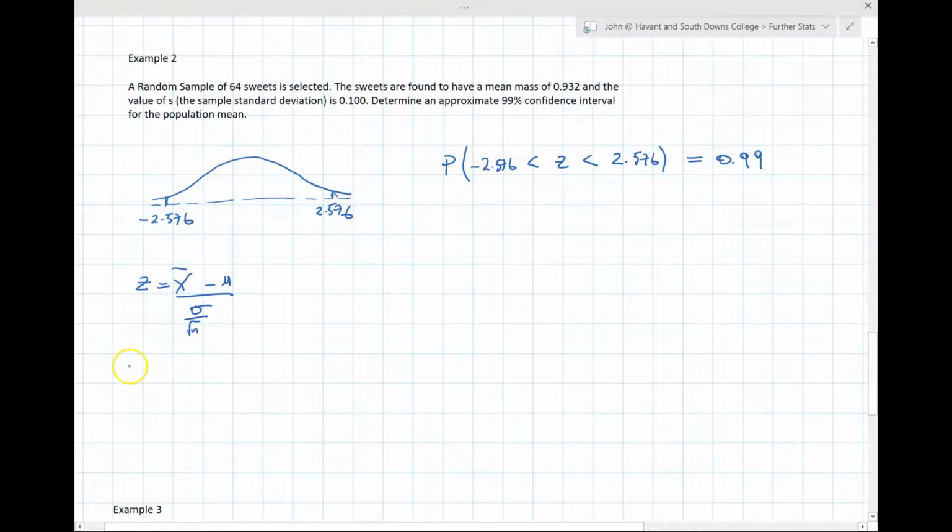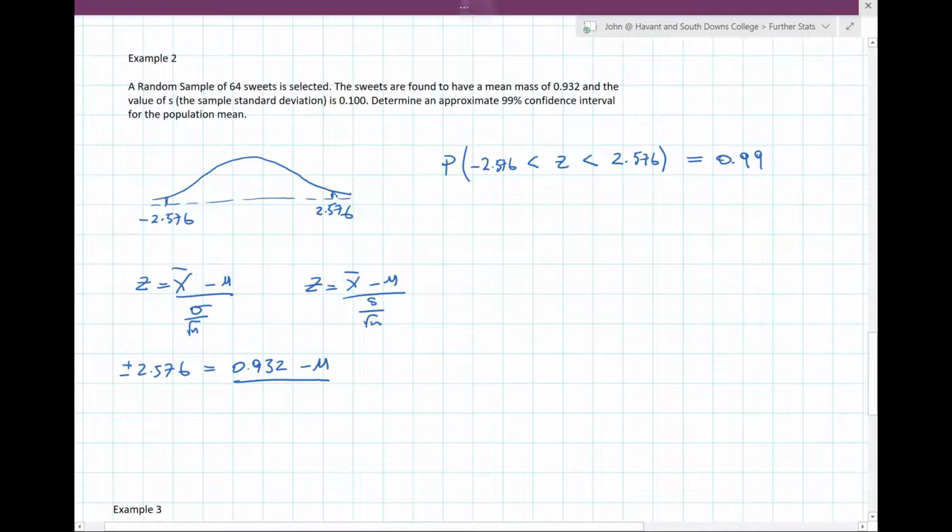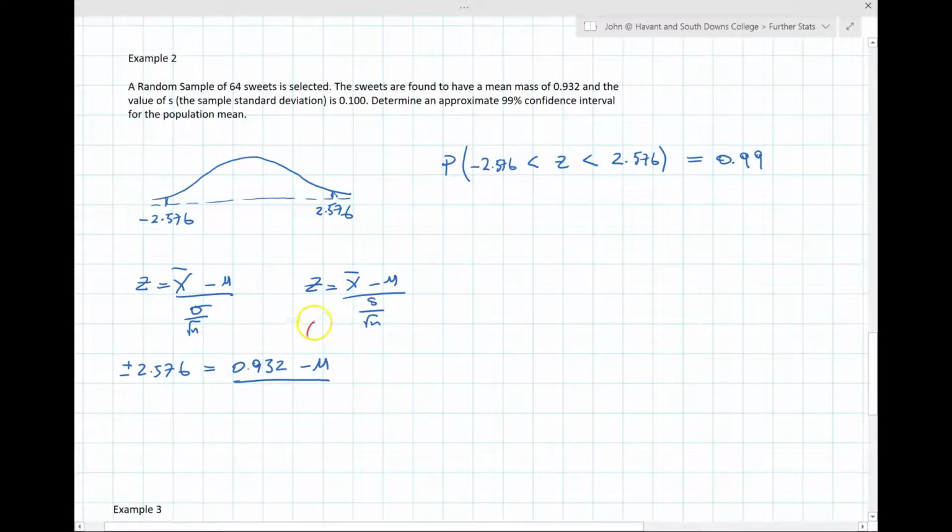So you can then say plus or minus 2.576 equals x bar minus mu, and x bar is equal to 0.932, take away the unknown mean, divided by, now this is an estimate, so although it's only an approximation, we can use this if the sample size is large. So that's important.